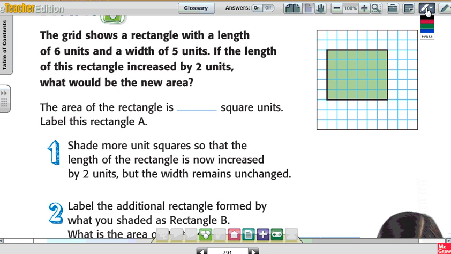So we're going to label this shaded area A, which was 6 and 5. Then we added 2 more, right? We'll label this B. Okay, what's the length of the rectangle B at the top? I added how much? 2. Okay, what's the width again? It's the same width. 5.